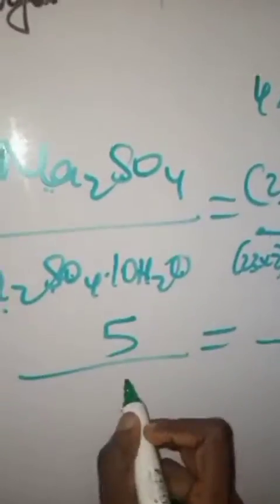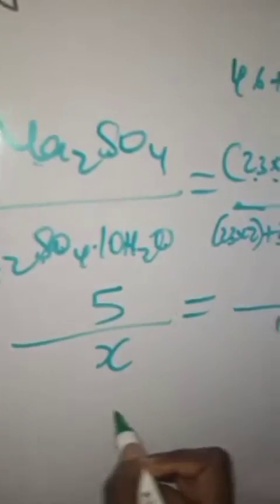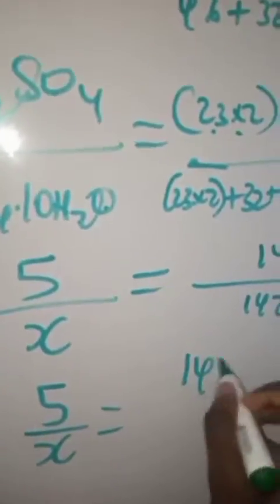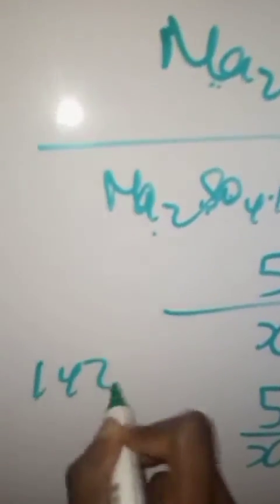So yes, now what's the mass of Na2SO4 that you were given? Just put it in 5 gram. What's the mass of this? That's what you're looking for. Just call it X. So you just say 5 over X is equals to 142 over 142 plus 180.